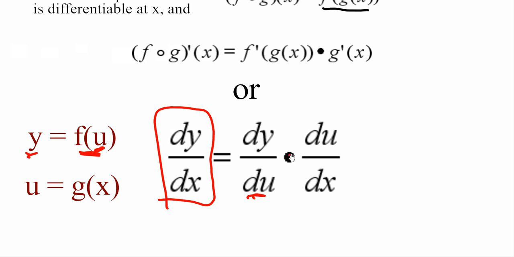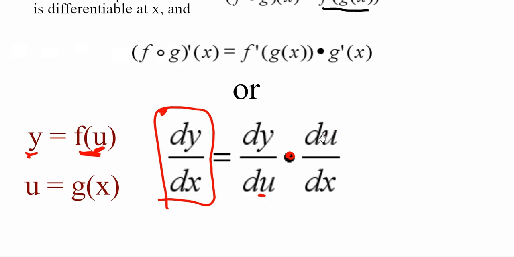Then we multiply that by du over dx, the derivative of the inside, u, which is g of x, with respect to x. The du's cancel out, and we're left with dy dx. This is kind of why the chain rule works.